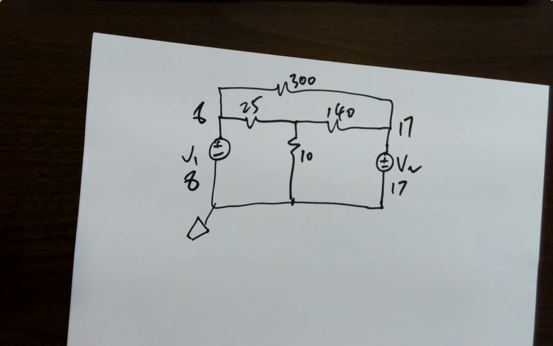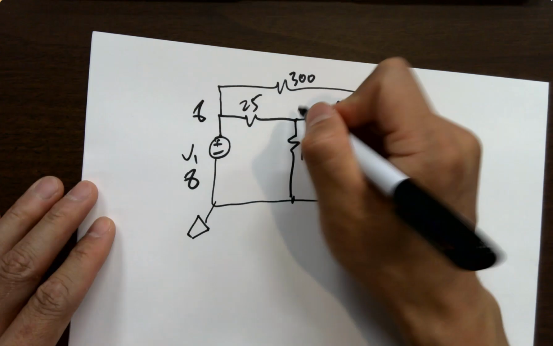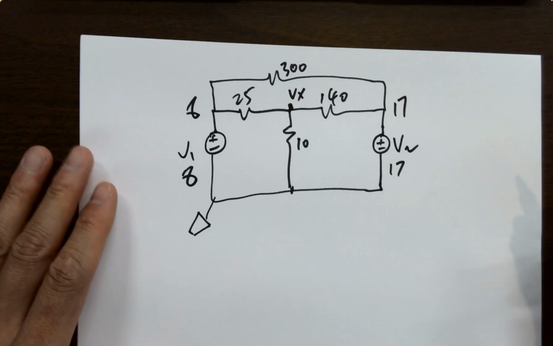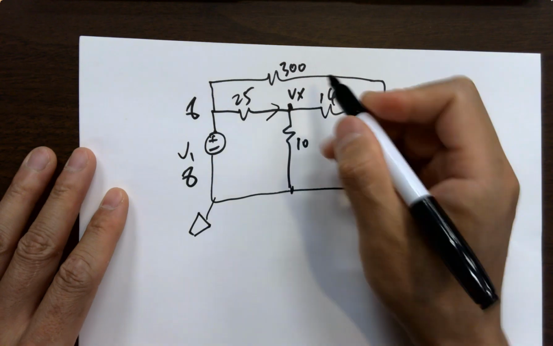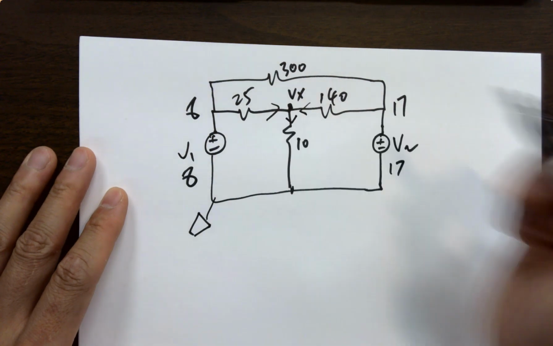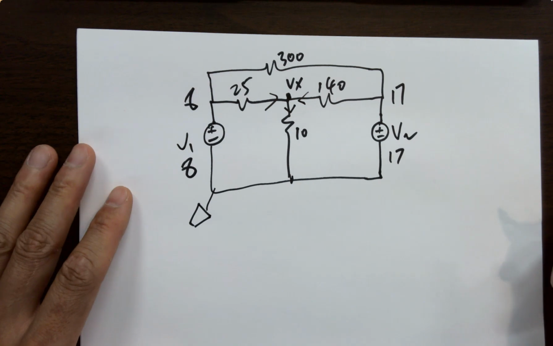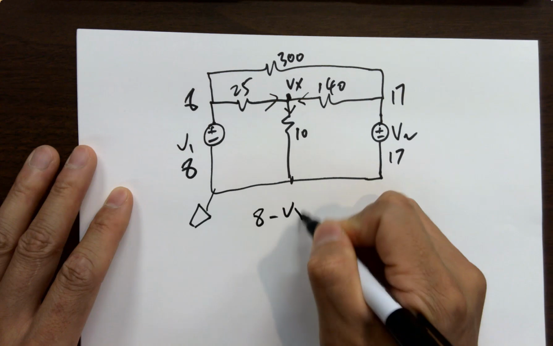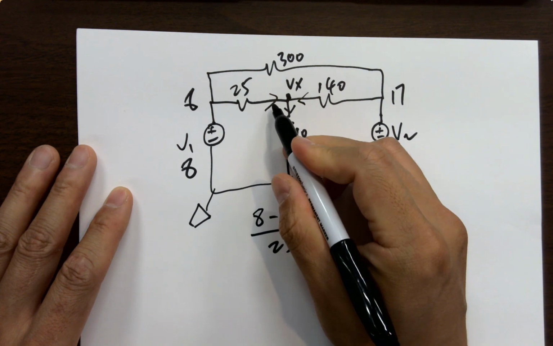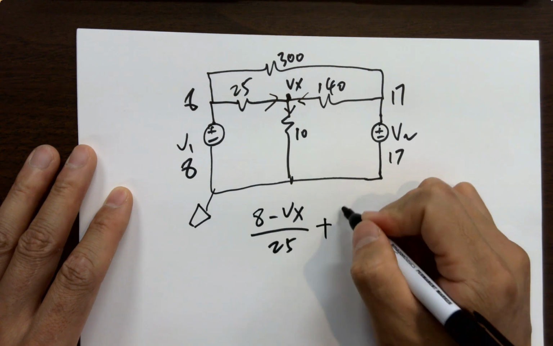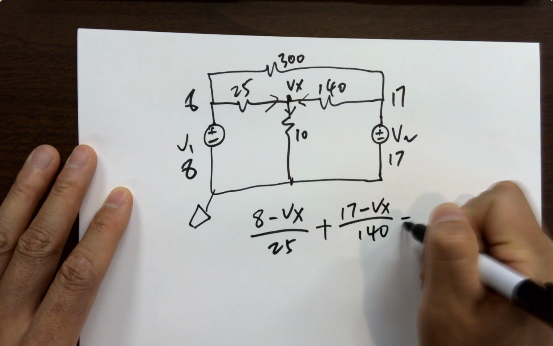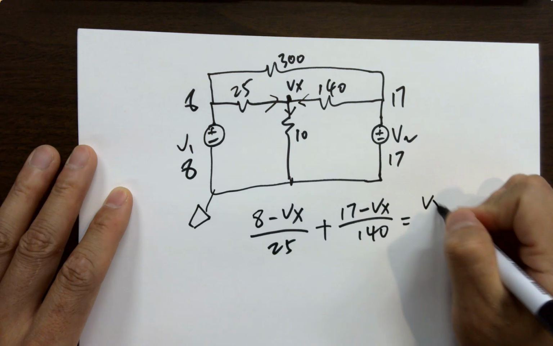All right. Just assume 1 Vx here. Just list 1. KCL: 8 minus Vx over 25 is this current, plus 17 minus Vx over 140, which is Vx over 10.